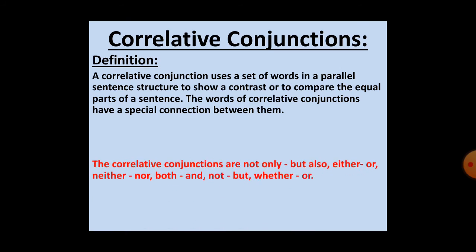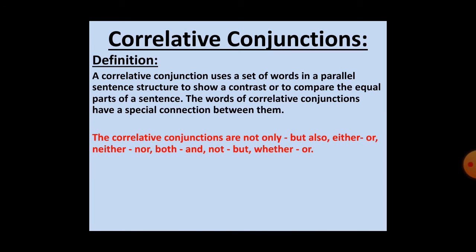So here comes some common correlative conjunctions like not only but also. When we use not only, there we have to use but also, because they come together, and when two conjunctions come together in the sentence, that becomes our correlative conjunctions: either or, neither nor, both and, not but, whether or. All these are correlative conjunctions.